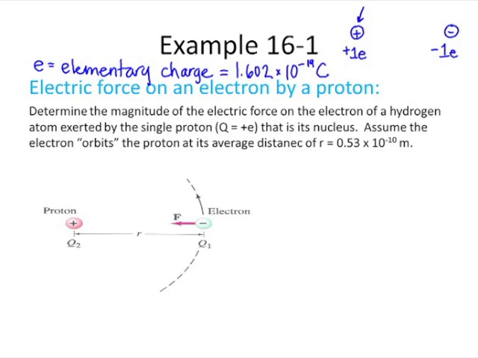In reality, though, the charge is multiplied by some number depending on what the object charge is. So a proton has a charge of positive e. Electron is negative e. And we know the distance apart is r equals 0.53 times 10 to the negative 10 meters.